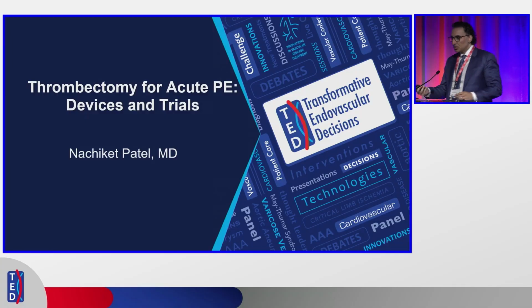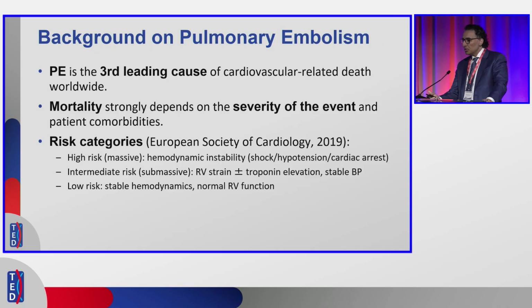All right, perfect. So I'm happy to talk to you about the thrombectomy for acute PE devices and trials. PE is the third largest cause of cardiovascular-related death worldwide. Mortality depends on the severity of the event and patient comorbidities.